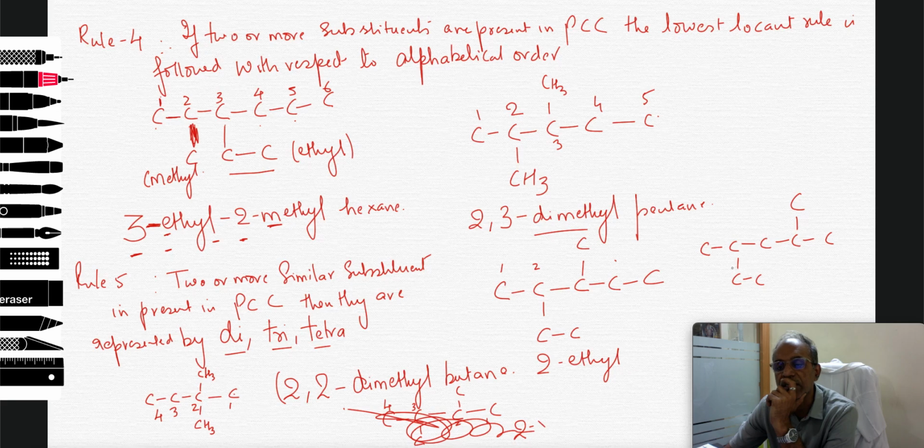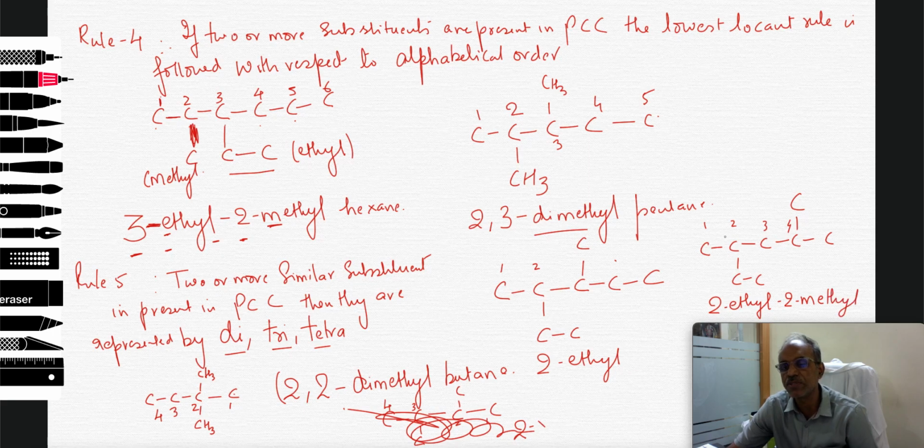But here there is an ethyl and this is a methyl, and as per alphabetical order, ethyl comes first. So I have to start the naming from here, 1, 2, 3, 4. So it will be 2-ethyl-2-methyl, because there are two different substituents. Here again 2-ethyl-3-methyl. This is pentane and this is also pentane.